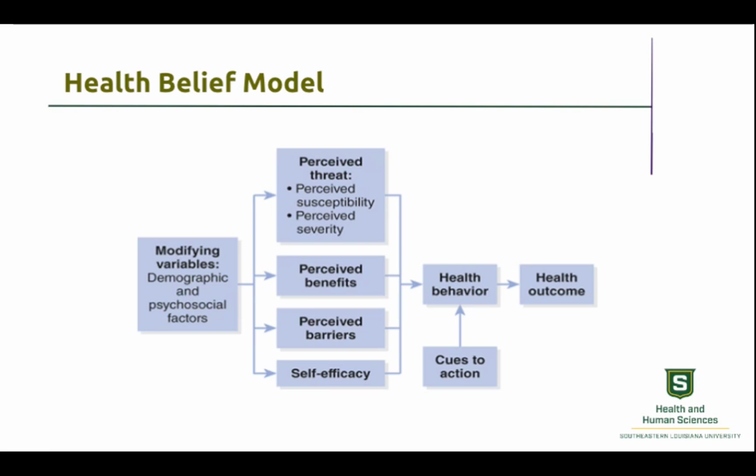How do we work on those different things to be able to have our health behavior? And you then also have cues to action, the things that encourage people to have those health behaviors, which hopefully then leads to the desired health outcome that we want.